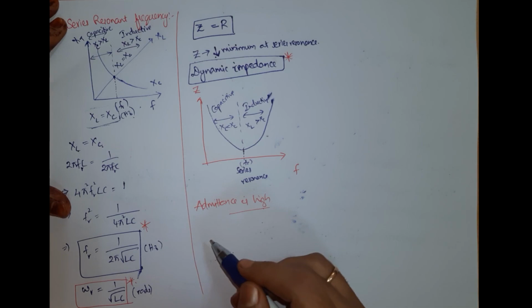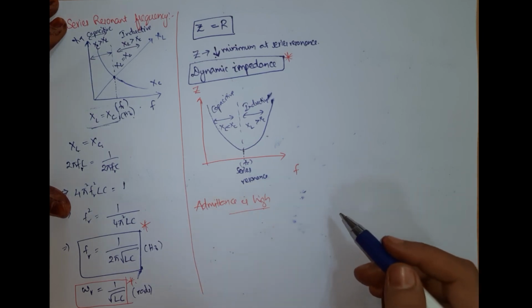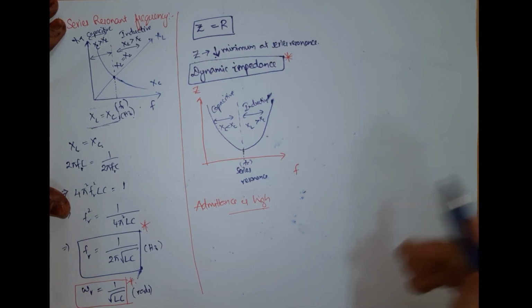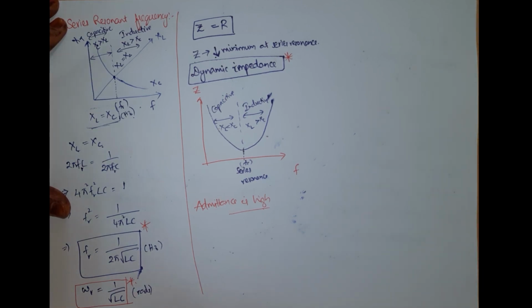So impedance is minimum, which means admittance is maximum. Right? So this is about the series resonant circuit. In the coming lectures, let us see more details about series resonant circuits. Hope you have understood the concepts. Thank you.